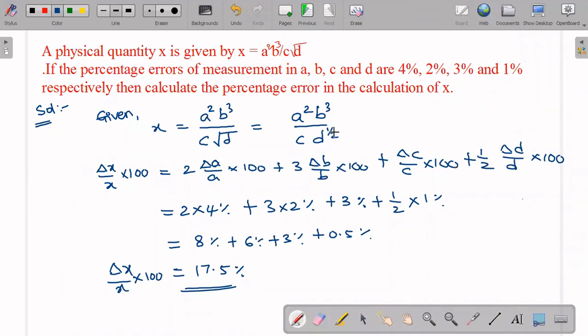And d power is minus 1 by 2, but when writing errors, we write 1 by 2 only, 1 by 2 into delta d by d into 100. These percentages are already given in the question, and I have directly used them here. After simplification, we end up with this result. So that's all about it.